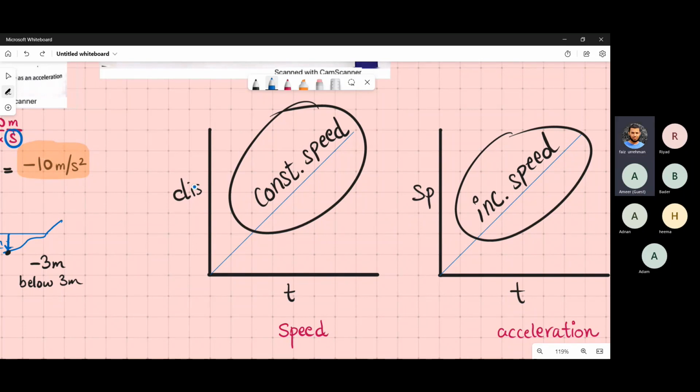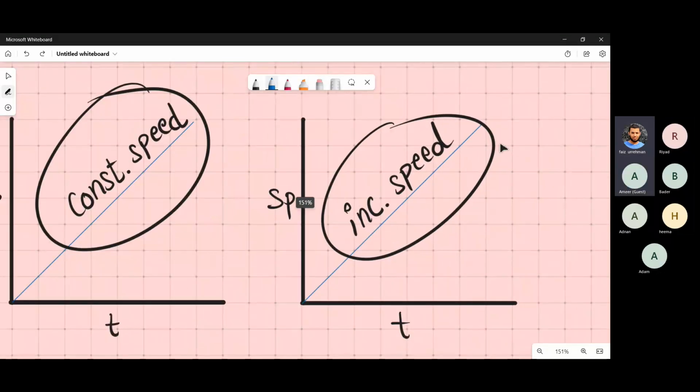But at rest in what graph? In distance time graph. But a horizontal line on a speed time graph will show us what? Oh no, horizontal. It will show steady speed. Is everyone getting it?